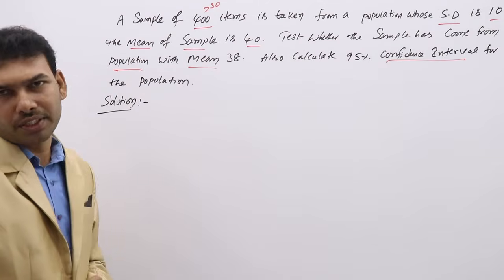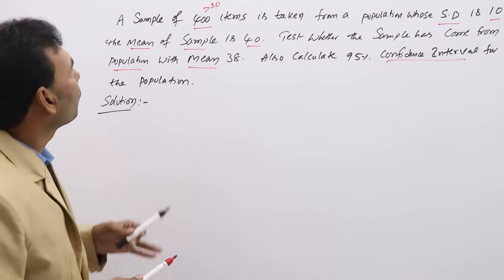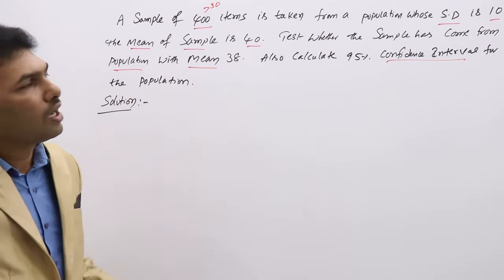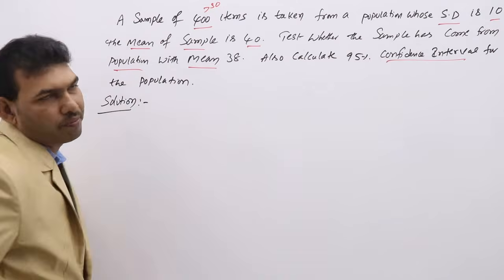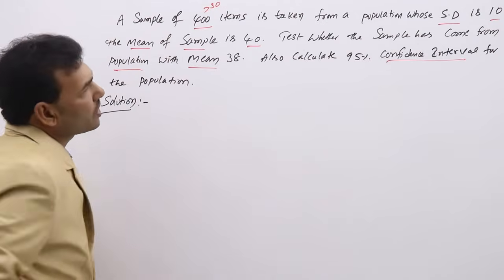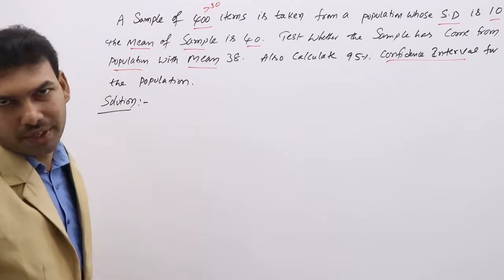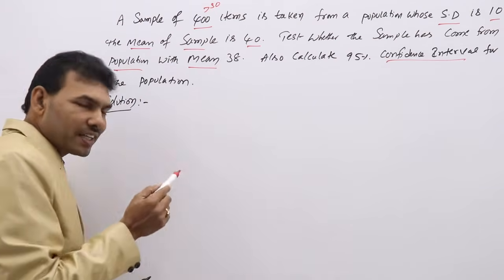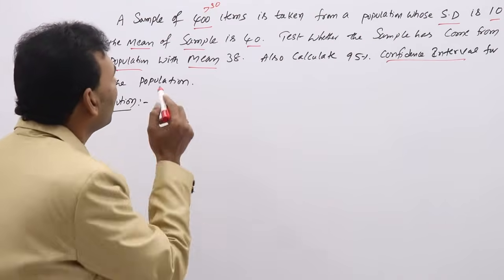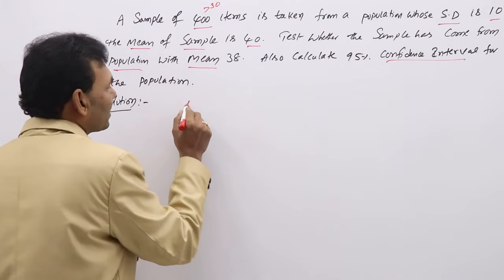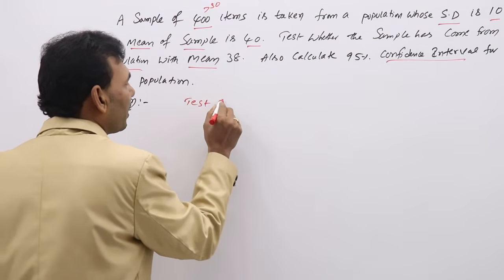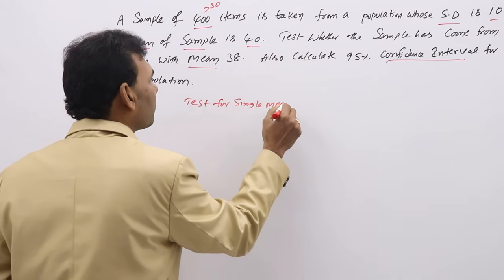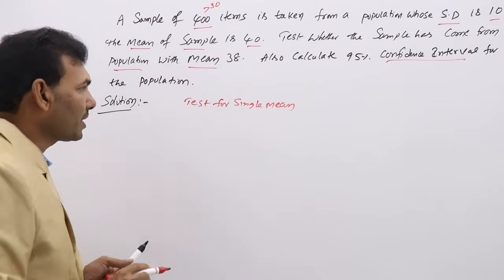If you observe, you have one sample and one sample mean, another population mean and SD. With sample size greater than 30, we do a test for single mean.